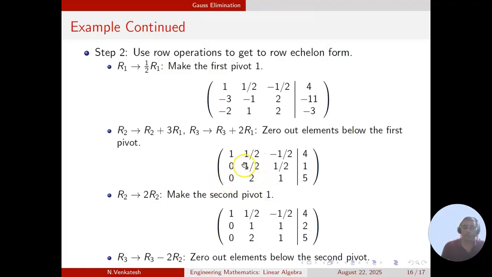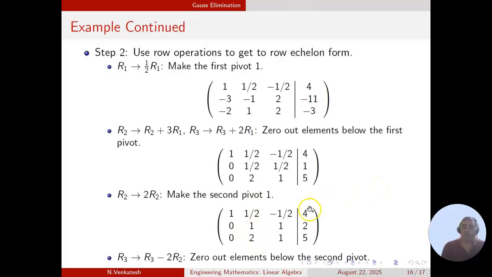where all the elements below the main diagonal are 0. Similarly, now we have to select the second row, second element as the pivot. Before that we should multiply so that we get a 1, and then all the elements below should become 0. To make that, we multiply the second row with 2 and then subtract from the third row, that is R3 minus 2R2, then we will get 0 here also.